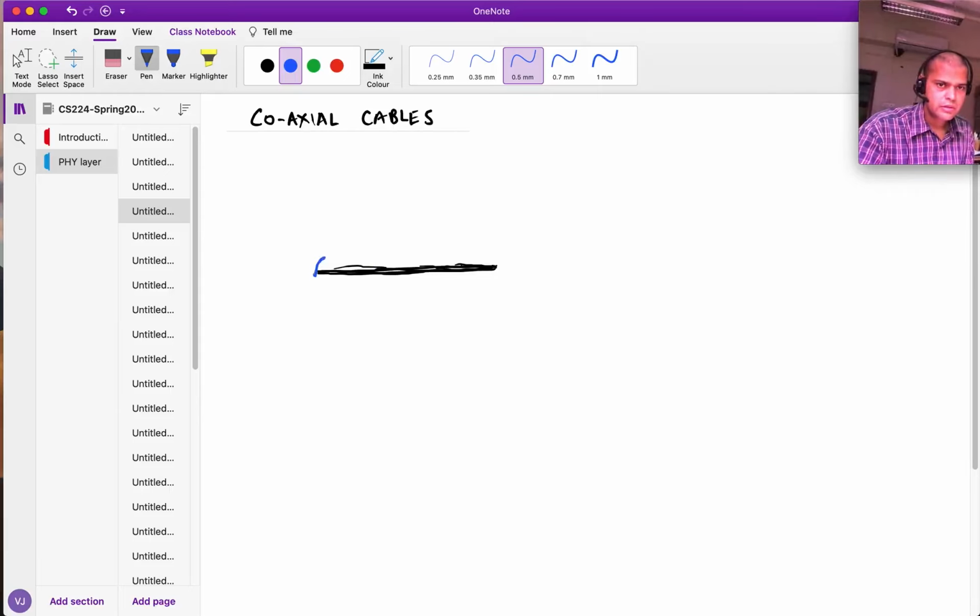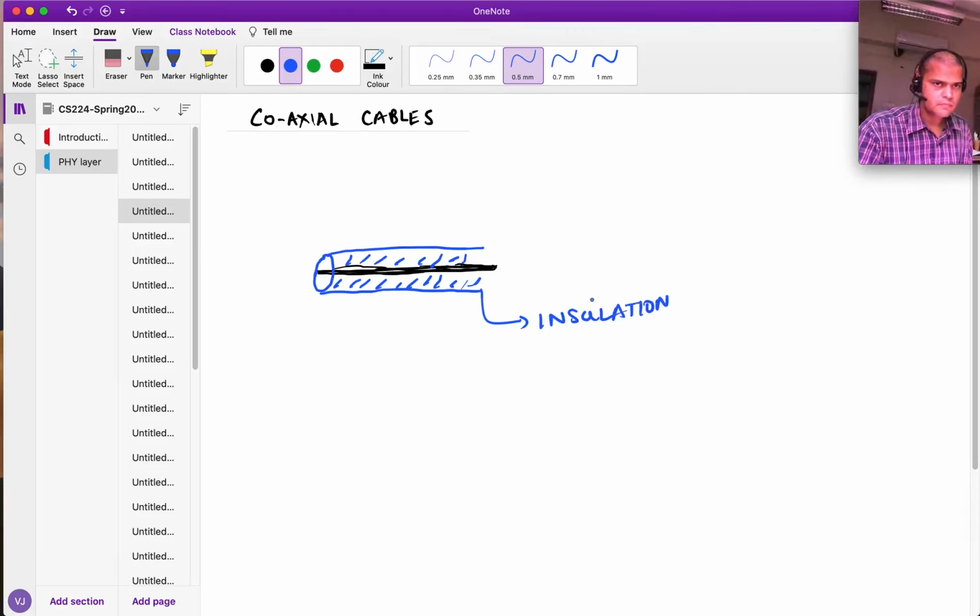So let's say that you have a layer of shielding, some sort of insulation, and outside that, let's say we have, say this is another copper wire, right?